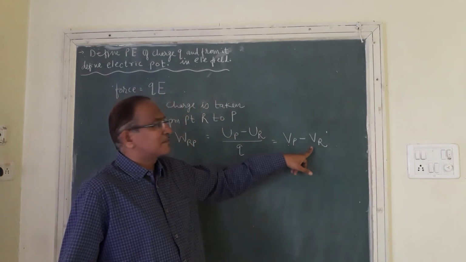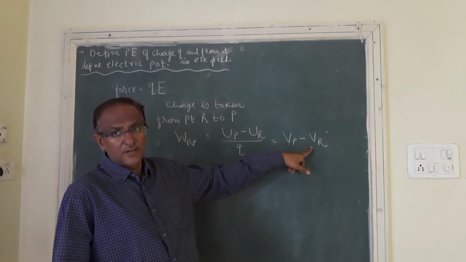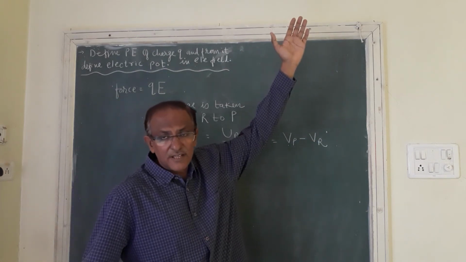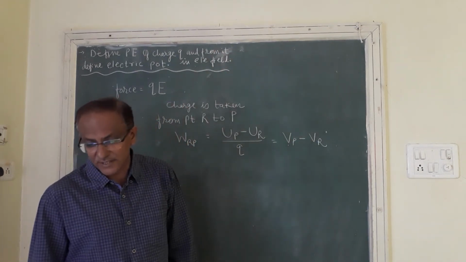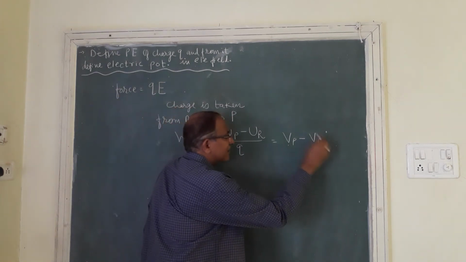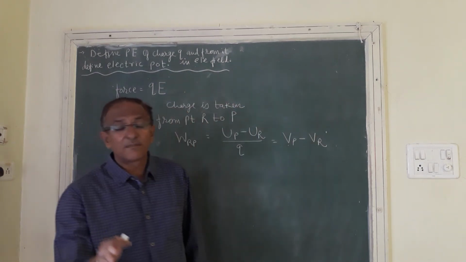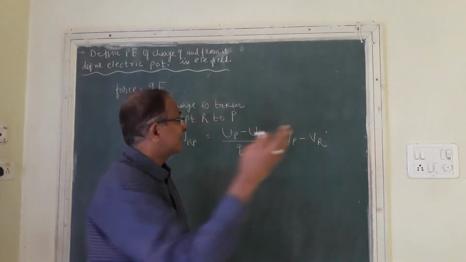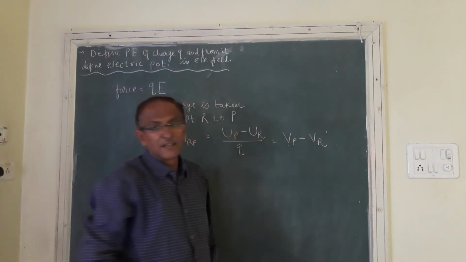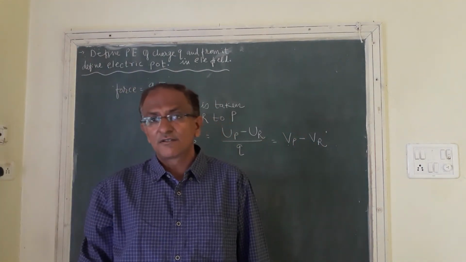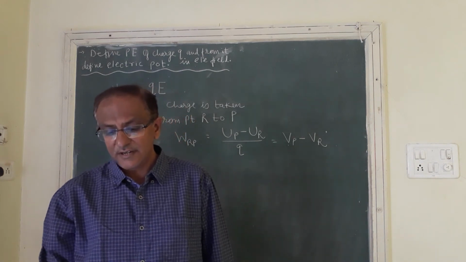If you take this point R, that was our initial point, to be at a very large distance, that is at infinity, then we can say that work done in bringing a unit positive charge from infinity to point P is nothing but the electrostatic potential at that point.